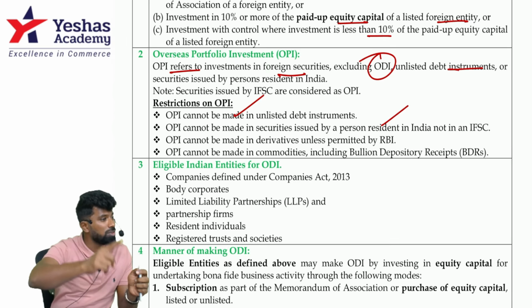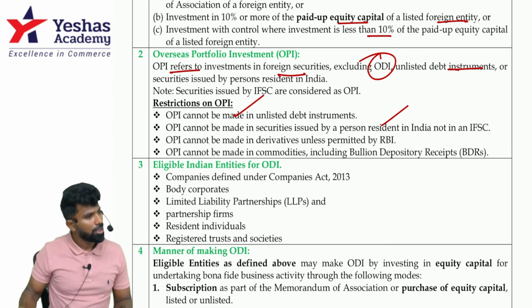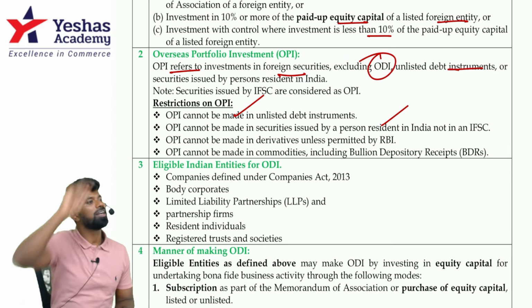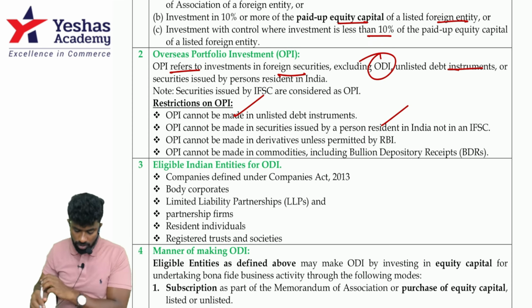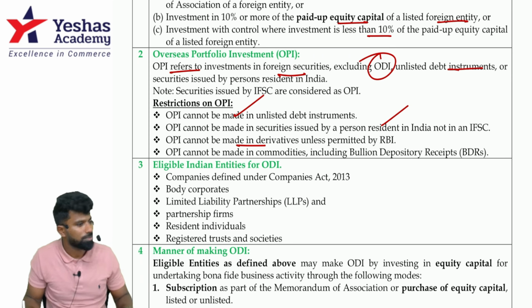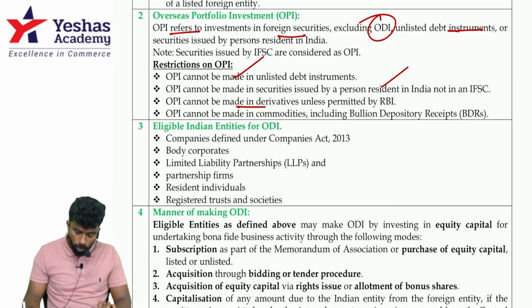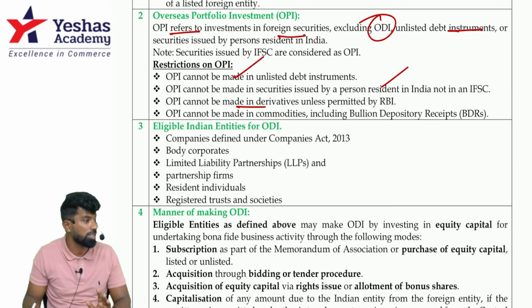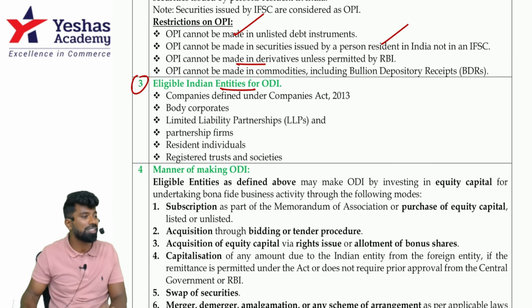However, if the security is issued by an IFSC company, it is the same as one issued by a foreign entity, because IFSC is considered as foreign territory. OPI cannot be made in derivatives unless permitted by RBI. OPI cannot be made in commodities including bullion depository receipts. Can you make OPI in commodities? No. Next one, eligible Indian entities for ODI.